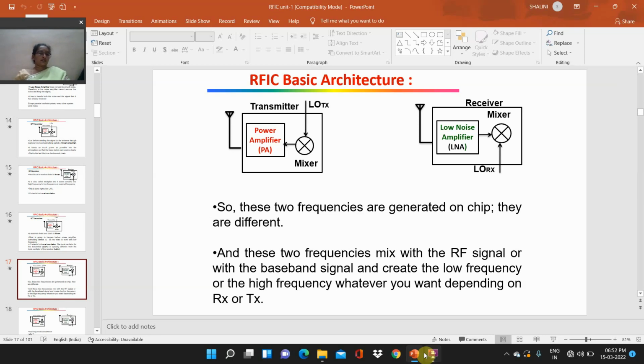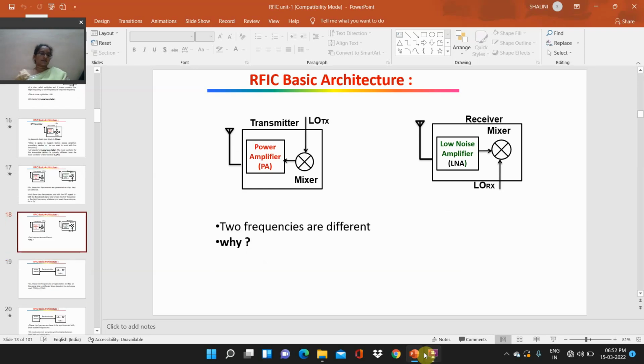And these two frequencies mix with the radio frequency signal or with the baseband signal and create the low frequency or the high frequency, whatever you want depending on transmitter or receiver. So why are these two frequencies different? There is an up conversion oscillator and a down conversion oscillator.